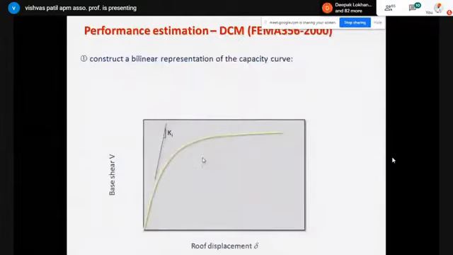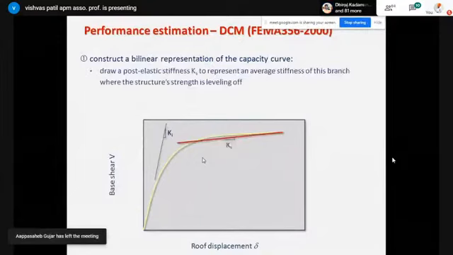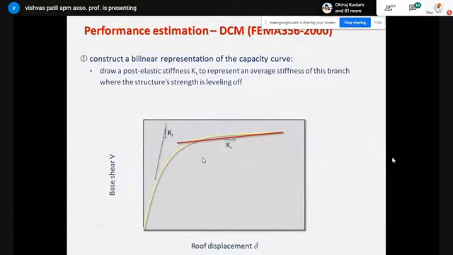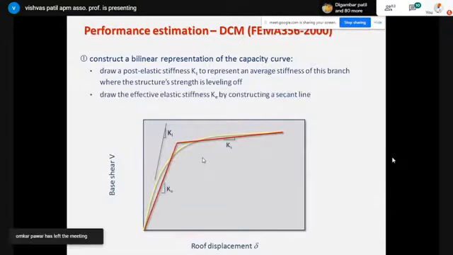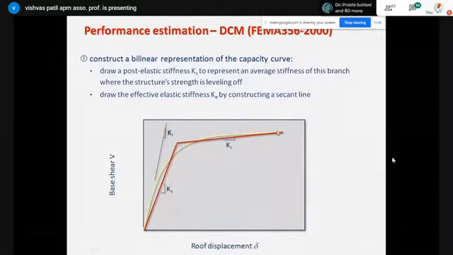In this also there is a bilinear representation, but the procedure for this bilinear representation is different from the previous one in the capacity spectrum. Here, the red line shows the bilinear representation.